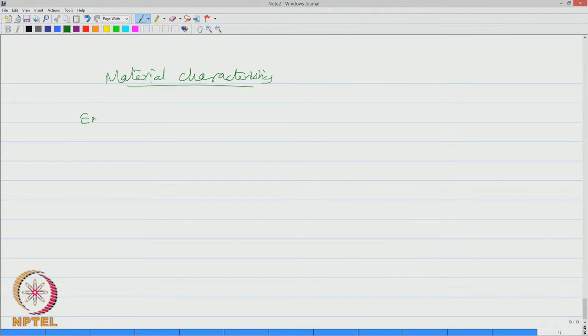So, EN 1992-1-2 specifies stress strain curves for design at elevated temperatures.